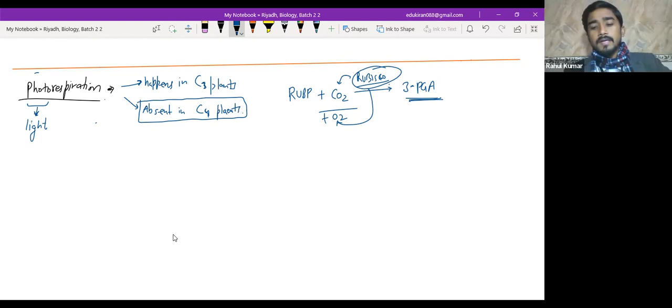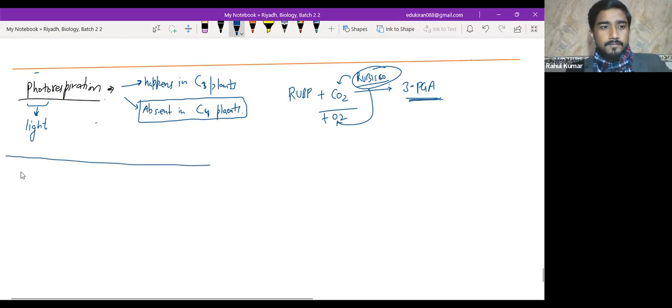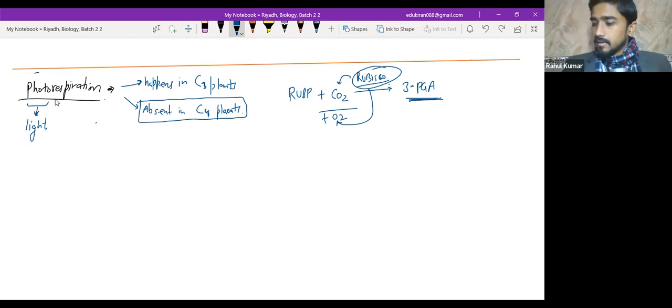Now, let's come to certain factors, because this is an important point. Factors affecting photosynthesis.